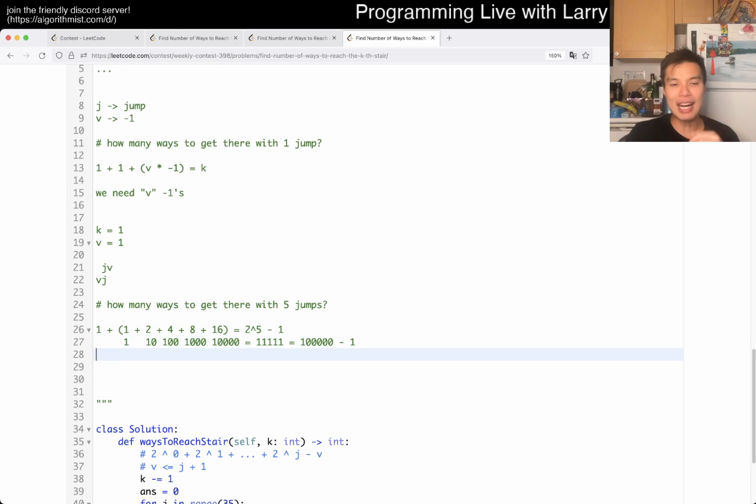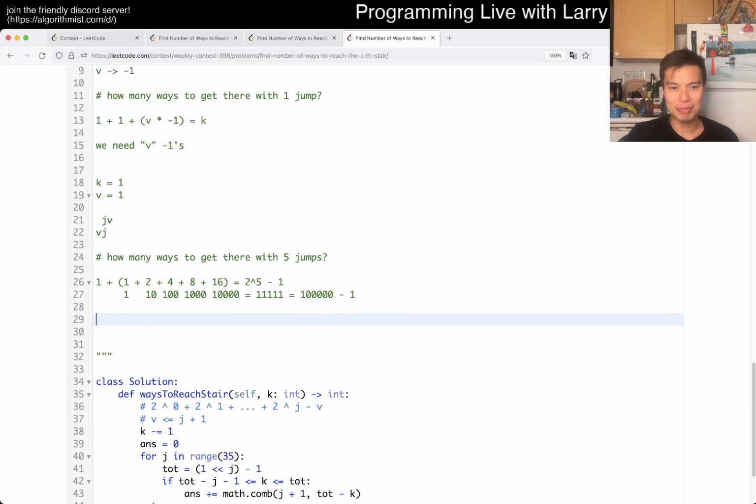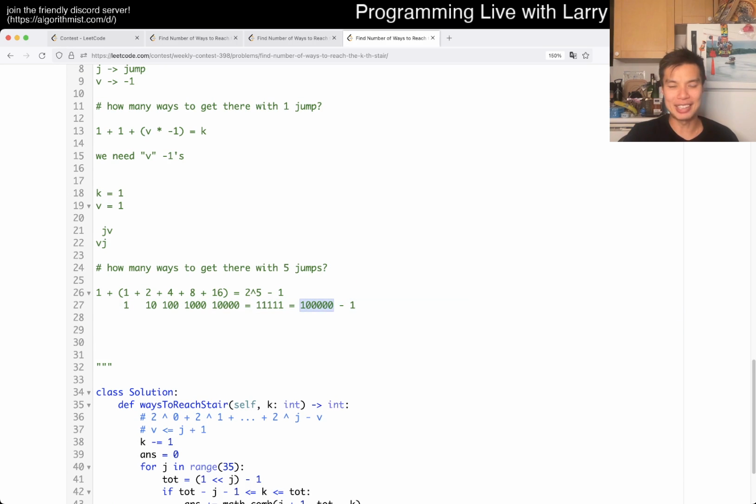But now you have this. This is the base number. This is where we end up with no v's, with no negative ones. It's kind of funny actually, because it adds up to 10,000 or so, because if you add 1, then it becomes 2 to the 5th, right?